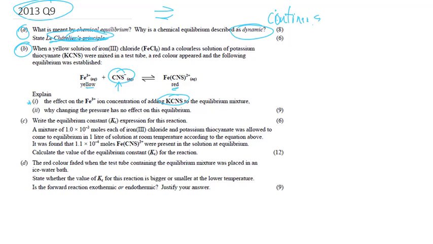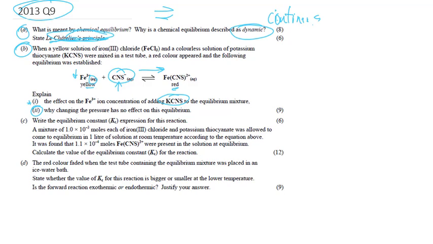So in an attempt to relieve that stress, in accordance with Le Chatelier's principle, this will favor the forward reaction. Okay, so what we'll see is the forward reaction being favored and the concentration of Fe3 plus ions will decrease, it will reduce.